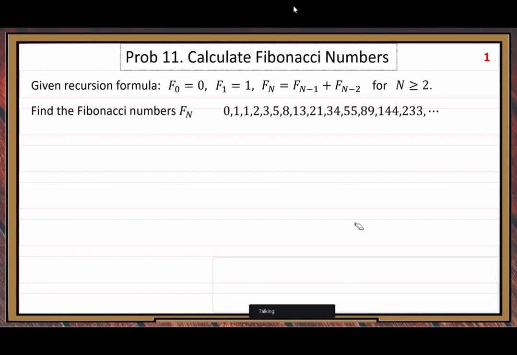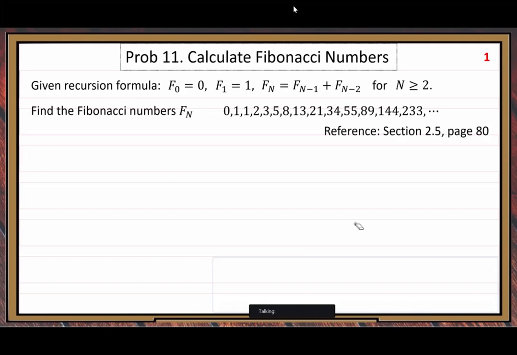First, let's look at the first few Fibonacci numbers. Based on this recurrence formula, we can easily generate them. But when the input number, capital N, becomes larger and larger, the Fibonacci numbers grow very fast, and become very large.